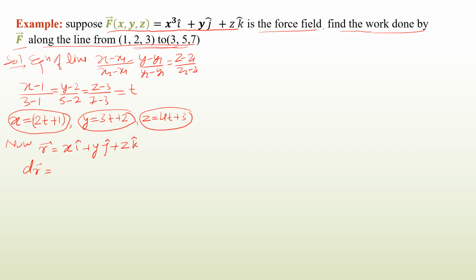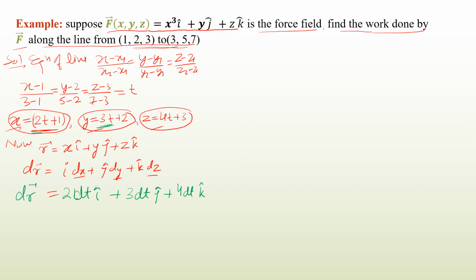We take the differentiation, so we write i dx, j dy, k dz. Now the values of dx, dy, dz we can get by taking the derivative of x, y, z. The derivative of x is 2 dt, so we write 2 dt i, and the derivative of y is 3 dt j and 4 dt k.